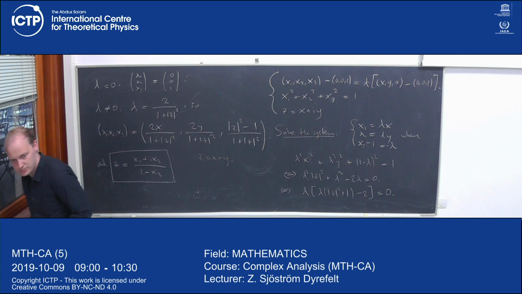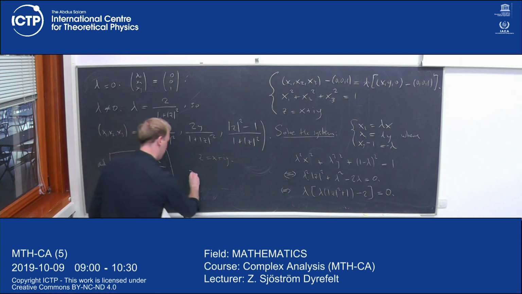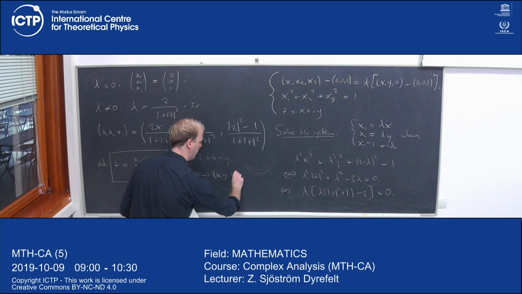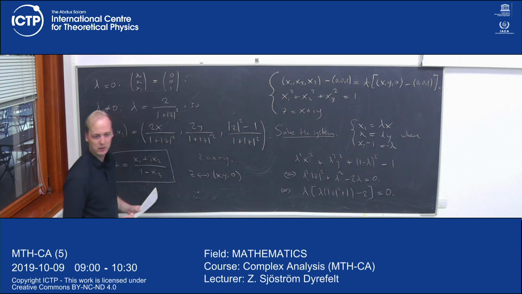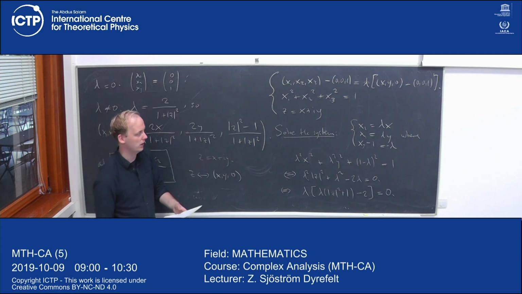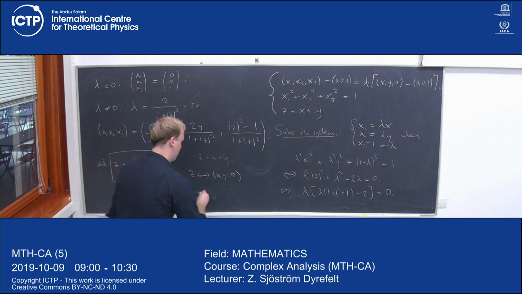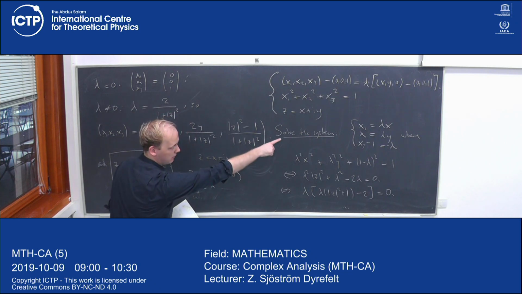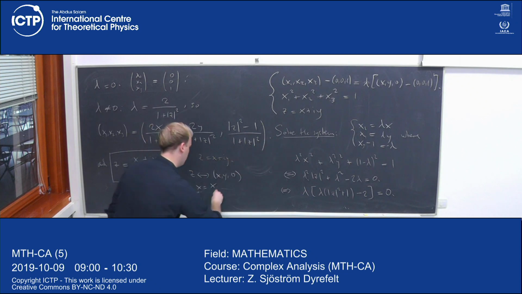How do we get this? And how do we get this? We see that we identify z with x, y, 0 in the plane, right? So now we are in R3, and we want it to be in the xy plane, so the last coordinate is 0. So this is x and y. And lambda x was equal to x1. So x is equal to x1 over lambda, and lambda was equal to 1 minus x3.